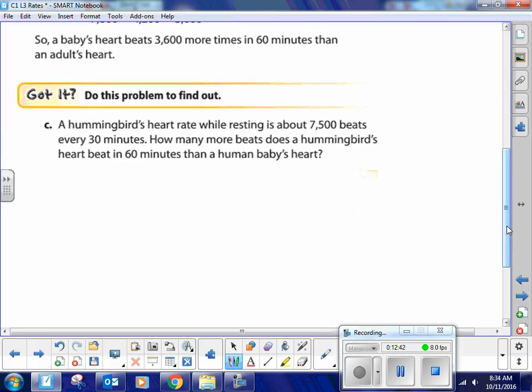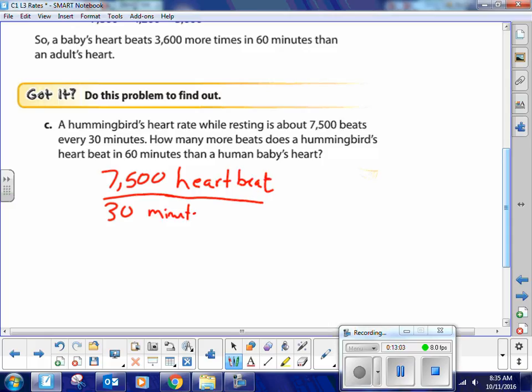So we need to take 7,500 heartbeats over 30 minutes.